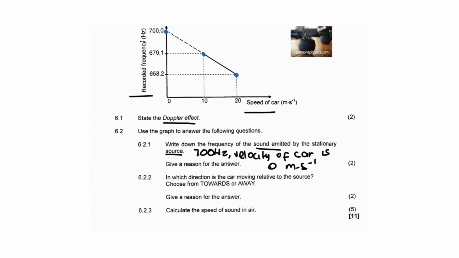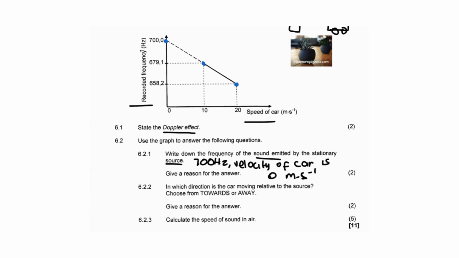And then the next question: in which direction is the car moving relative to the source? Choose towards or away. So now we want to tell whether the car was moving towards the source or away from the source. Also think about it.